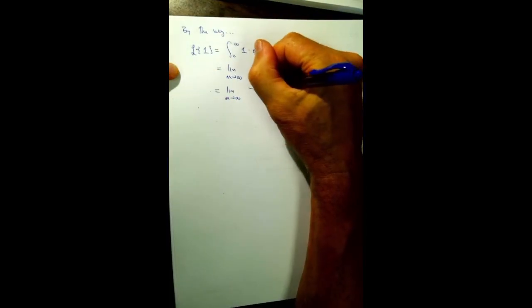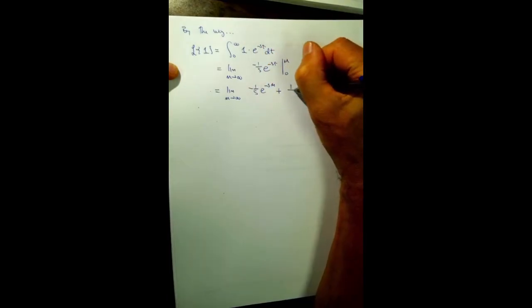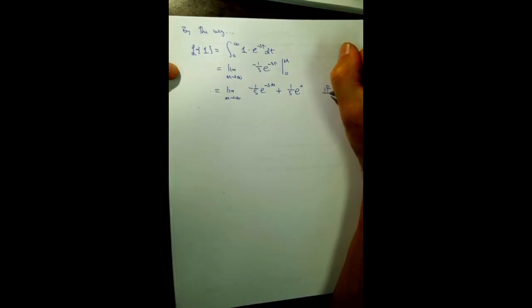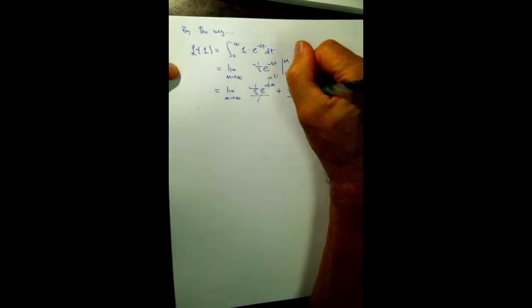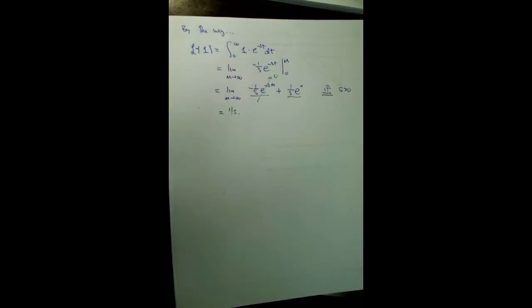And this becomes minus 1 over s e to the minus sm, minus minus 1 over s e to the 0. And if s is positive, this thing will go to 0, and I'm just left with this. So I'm left with 1 over s.